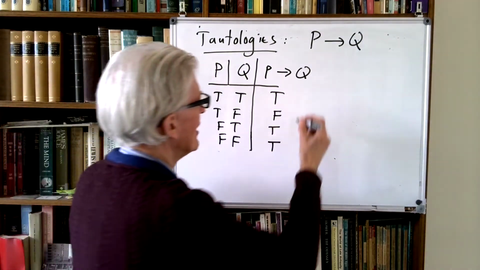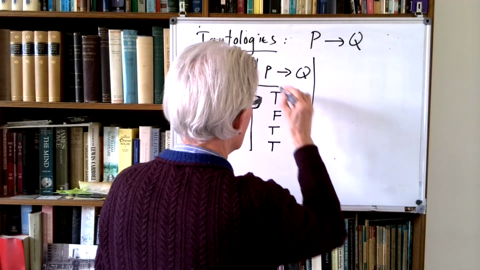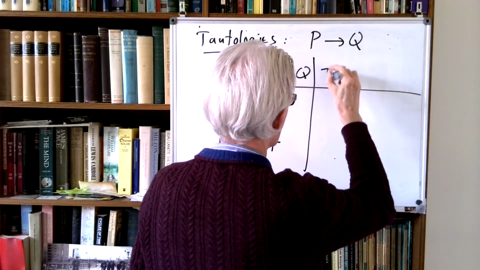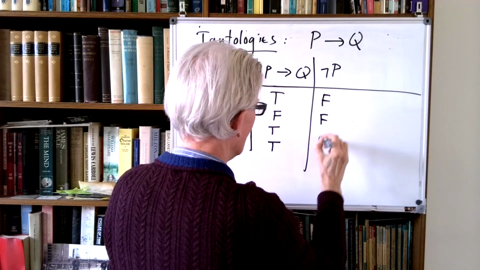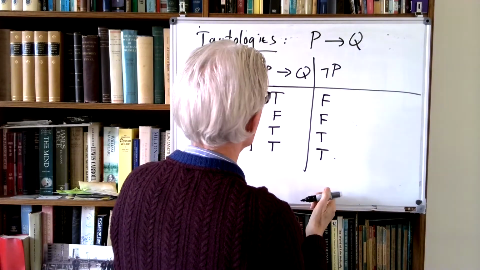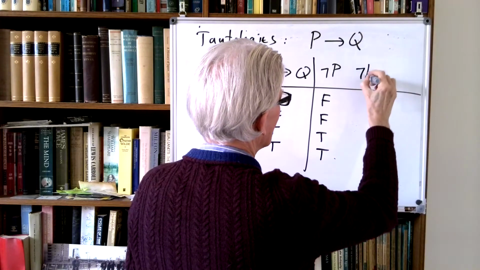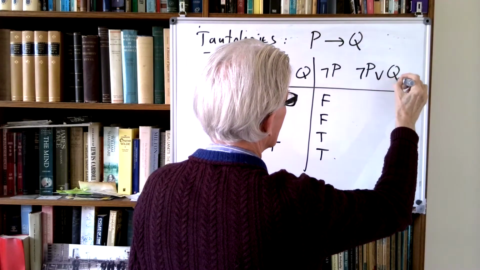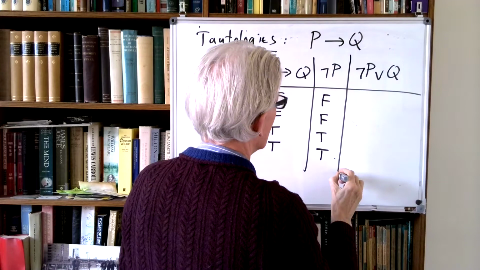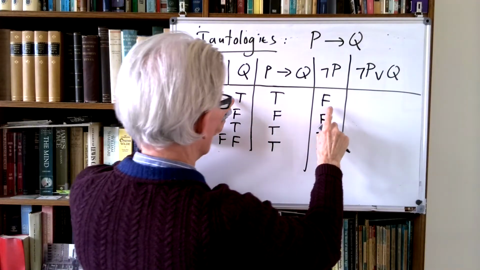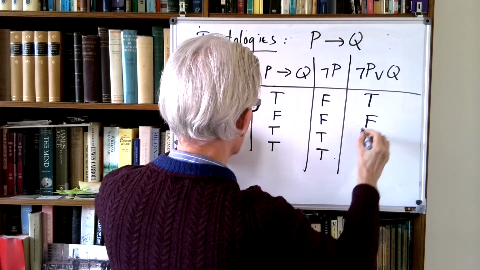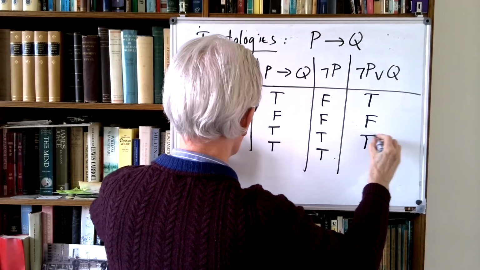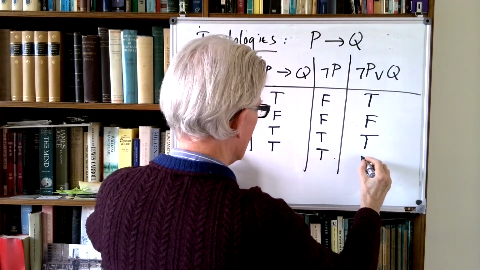And now if you put down next to this, here I look at not P: false, false, true, true. And now if I look at not P or Q, so not P or Q is true here, this is false because neither are true, here this is true, and here this is true.